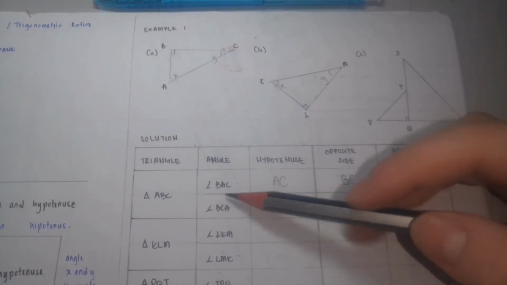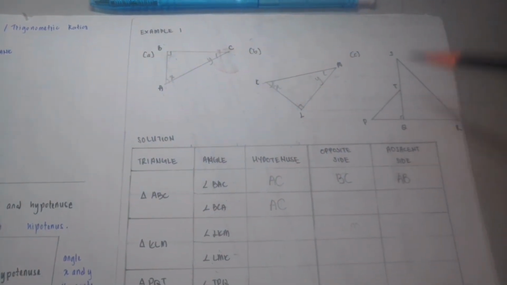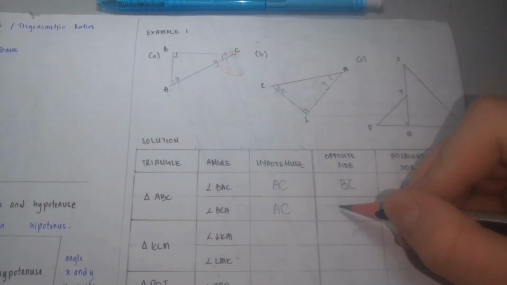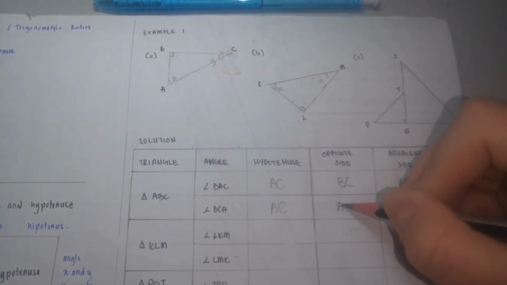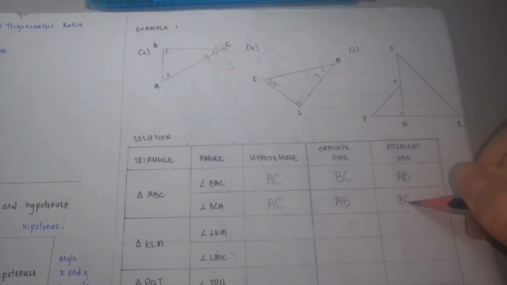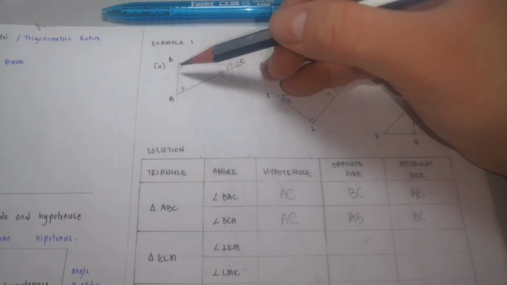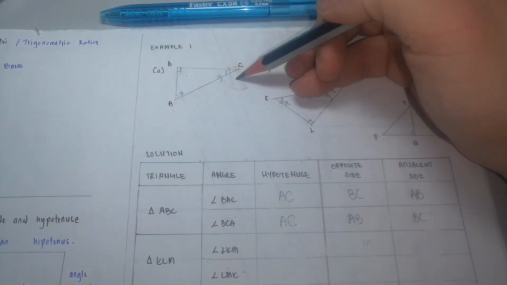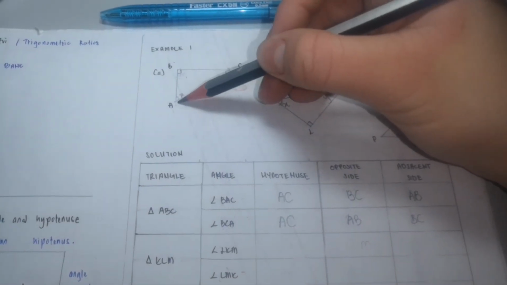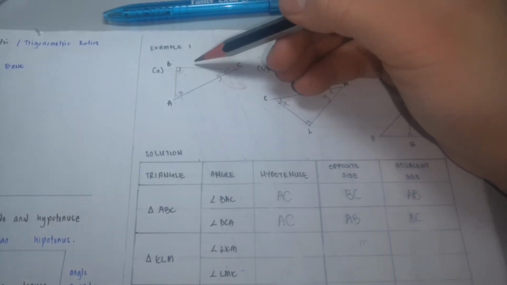So, when we change the angle, the opposite side and the adjacent side will change. So it is AB as the opposite side right now and BC as the adjacent side. Let's find out whether it is true. When BCA is our angle, we have AB as the opposite side and BC as the adjacent side. Good job.